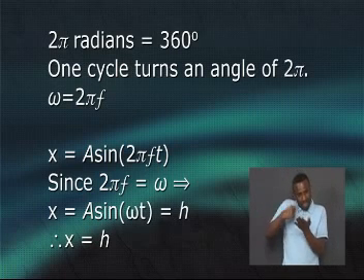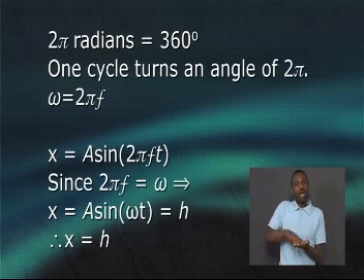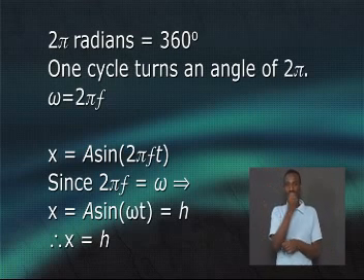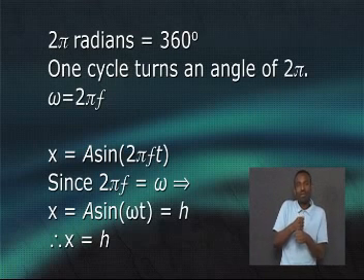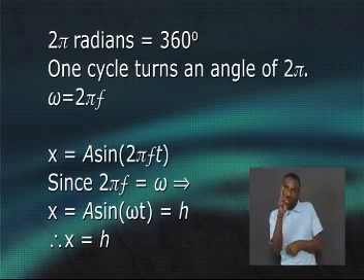Therefore, we can conclude that the height of point P going around a circle and the displacement of an object performing SHM are the same.